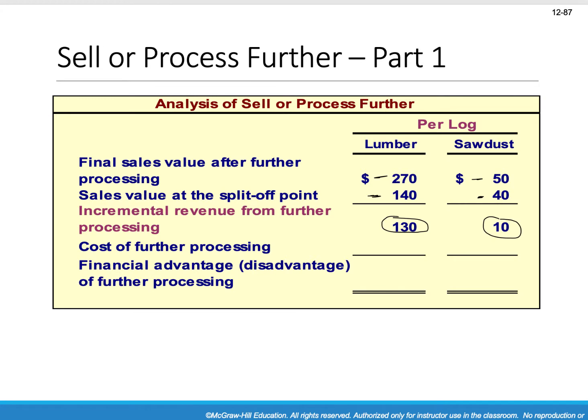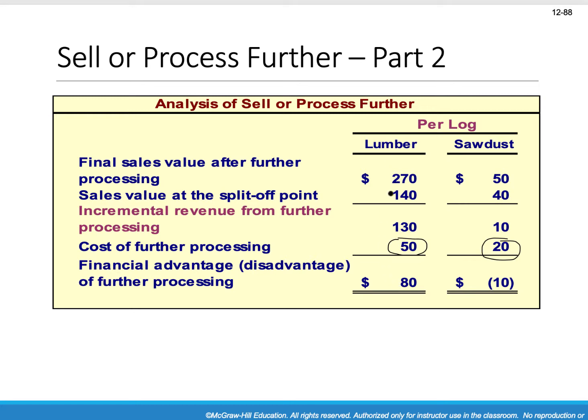Guess what? We do the same exact thing with the expenses. For the lumber, if we process further, we're going to incur costs of $50. If we process further the sawdust, we're going to incur $20. Those are those incremental costs that we're going to incur. So what's the financial advantage or disadvantage of processing further?